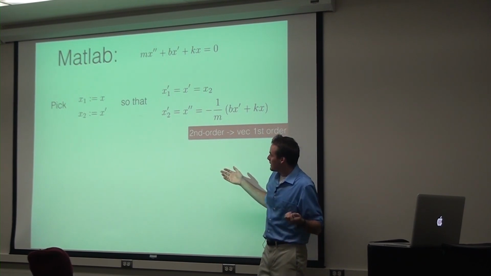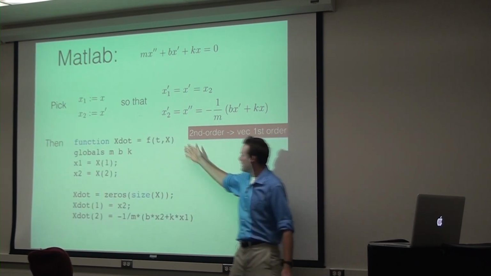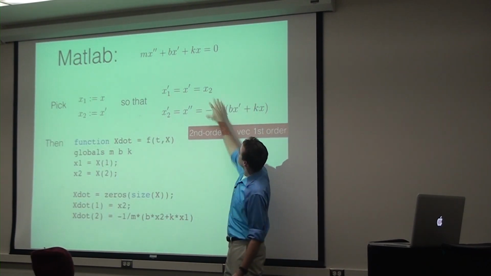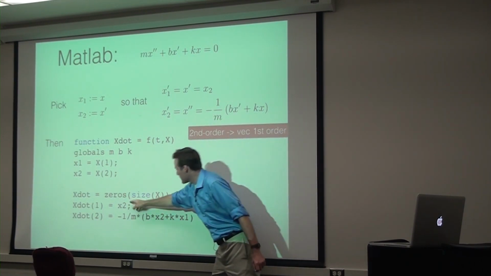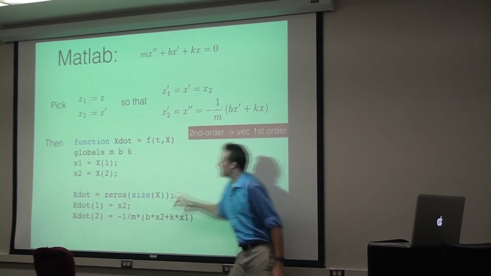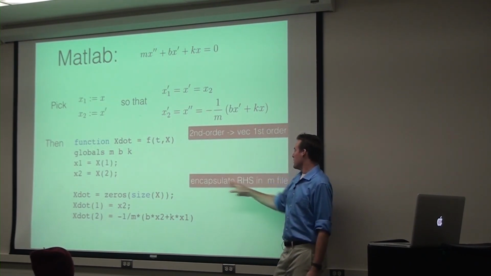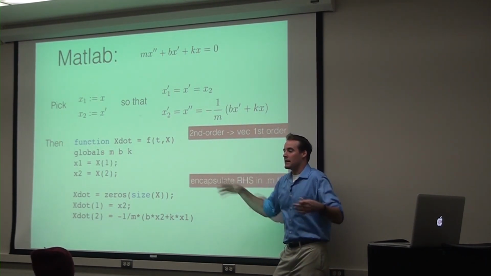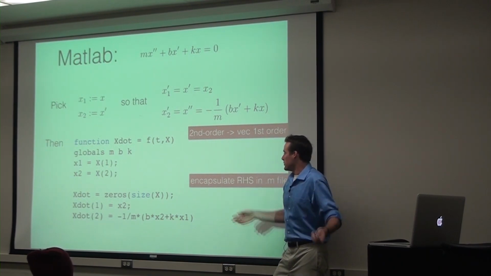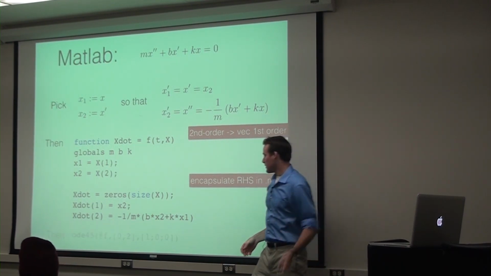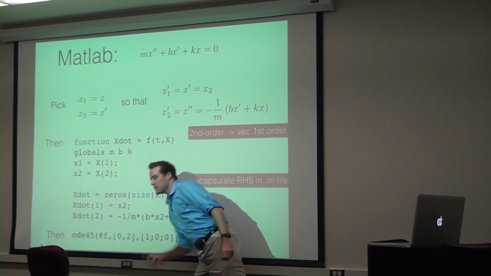Then you have to make a MATLAB function that essentially encodes the right-hand side of this. So here's the x2, and here's the minus 1 over m times blah, blah, blah, minus 1 over m times blah, blah, blah. This is all in the name of making this into a function that MATLAB will recognize and be able to numerically integrate. And then you have to call ODE45 with this function handle.